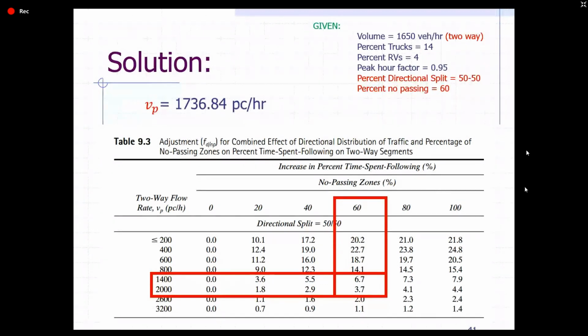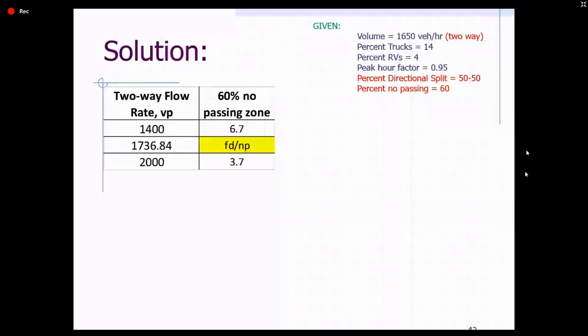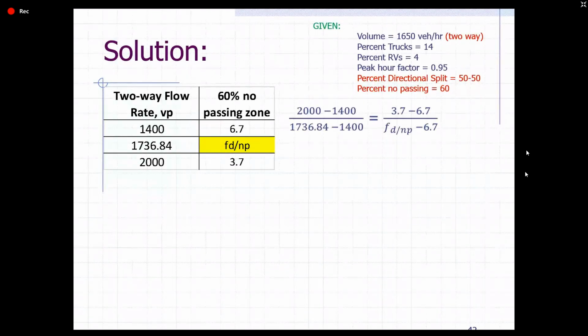So, ang gawin lang natin is we have to interpolate ano yung value ng FDNP natin. It is between 3.7 and 6.7. Okay, so eto, using your linear interpolation, madali lang naman, 1,000 minus 1,400 divided by 1,376 minus 8.4 is equals to, ipareho lang natin, or kung ayaw nyo, gamitin nyo yung nasa calculator naman yan, hindi yan mahirap.